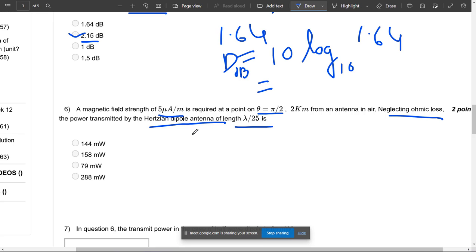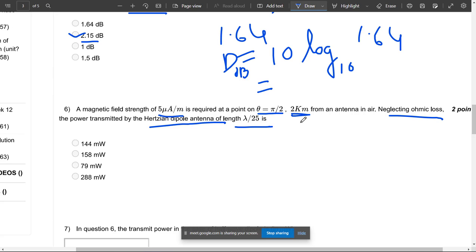Okay, one second, sorry. So the question here says that there is an antenna, the antenna shape is Hertzian dipole.